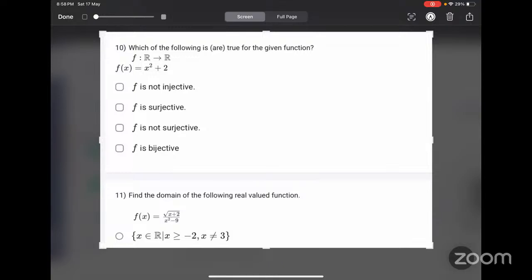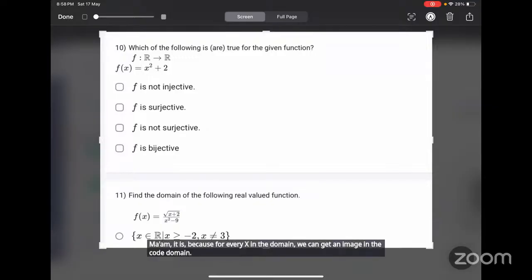F is injective or not? Ma'am, it is because for every X in the domain, we can get an image in the codomain, but it is not surjective.